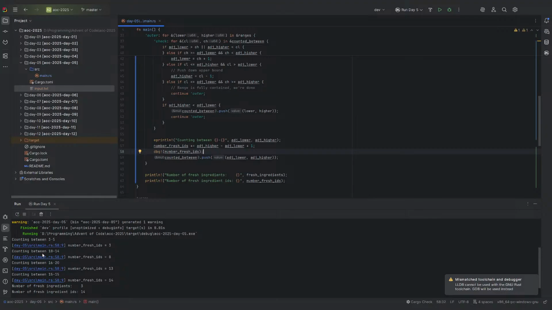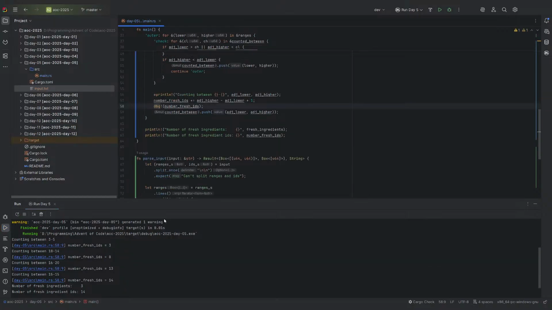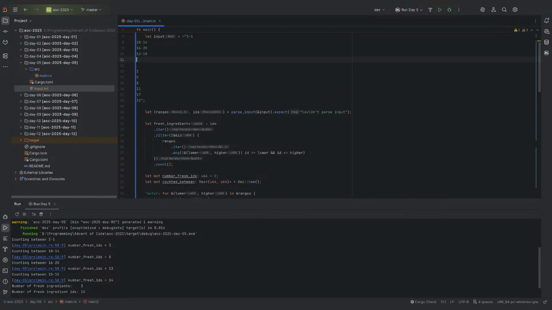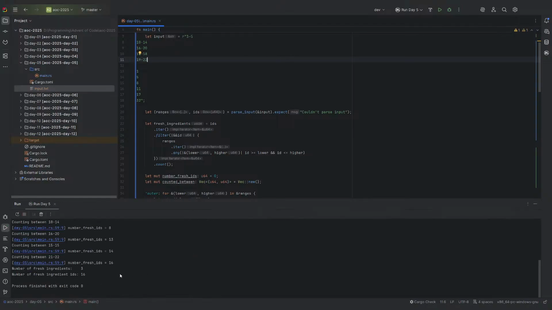It's 3, 4, and 5. 10, 11, 12, 13, 14. That does add 5. 16, 18, 19, 20. And once again adds 5, which is correct. That's 1. I don't know why it is miscounting. Let's add more of those edge cases again. They should add 2 more to the count. Does.